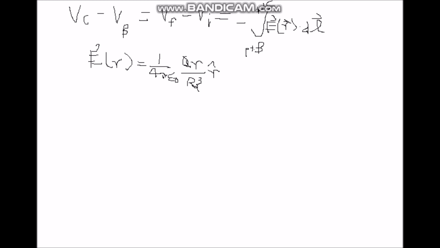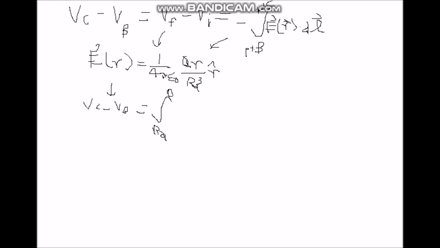So if we plug this in, we can get that VC minus VB is equal to the integral. Now we're going to actually use it in terms of radius. We know that point B lies at radius R2, you can read that, and point C, which is in the center, is 0 meters from the center.